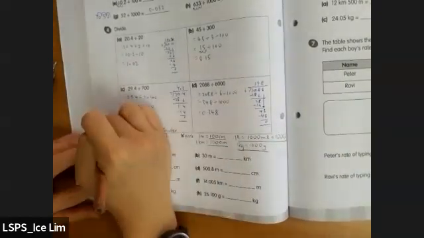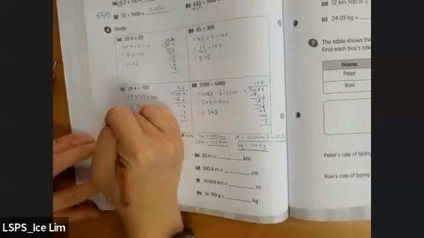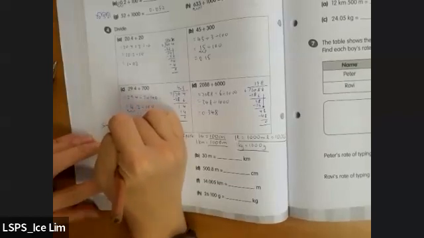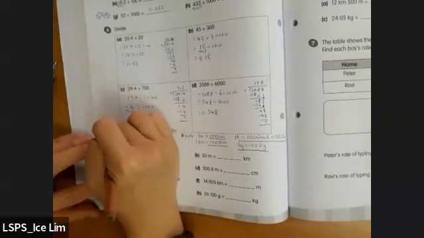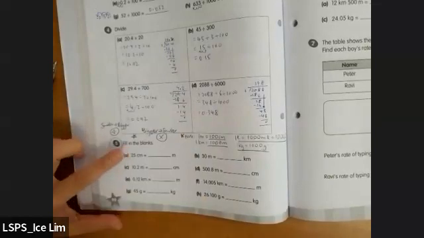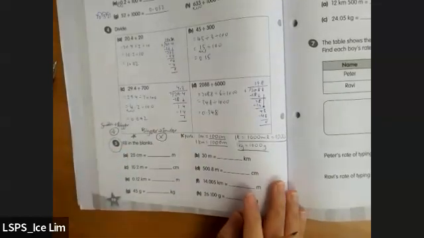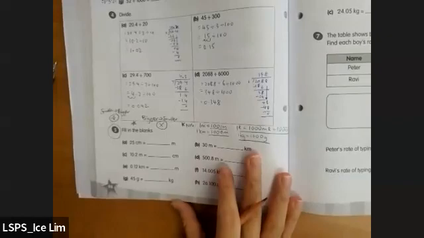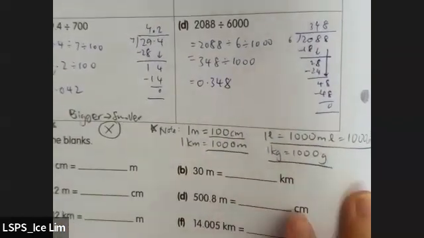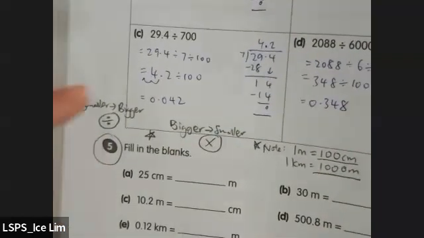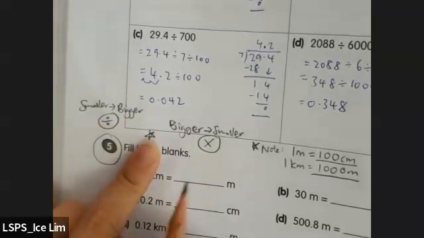From smaller unit to bigger unit, divide. Okay, anybody wrote these notes down? Okay, very good. Then you get a mentors as well. You can come and take.